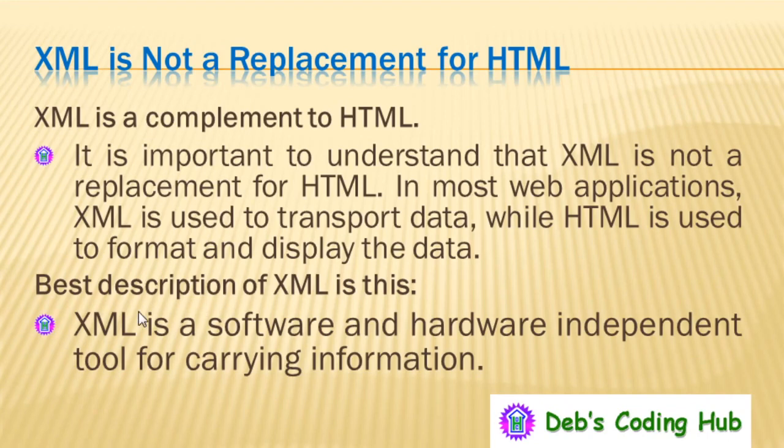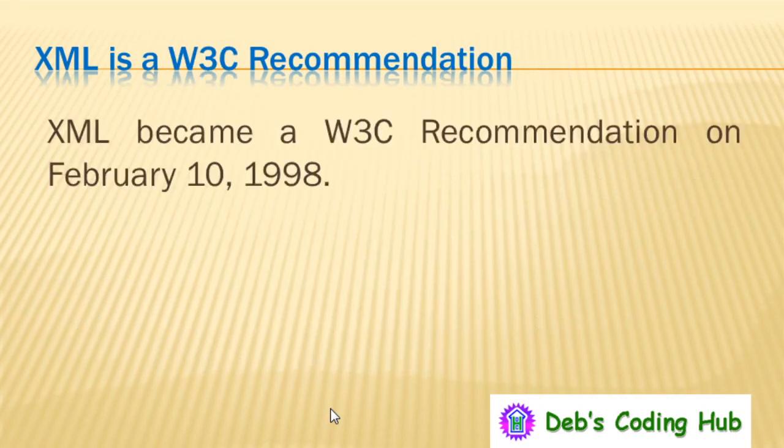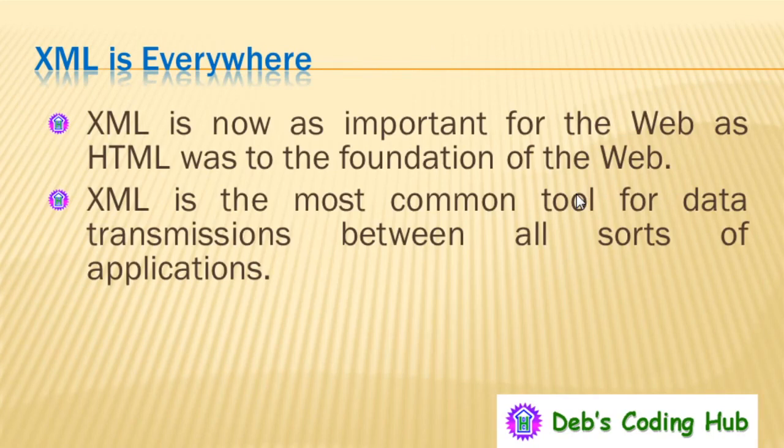The best description of XML is a software and hardware independent tool for carrying information. On 10th February 1998, the World Wide Web Consortium standardized and recommended XML for the web. XML is everywhere.